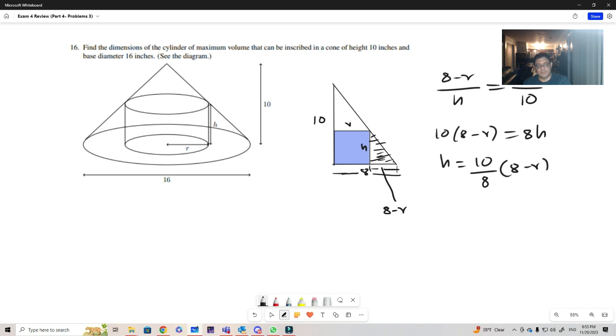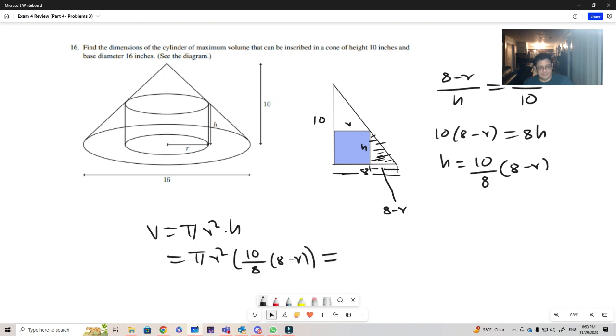Now this gives me the information of h in terms of r, which is good for putting a function in terms of a single variable. Now we're trying to maximize the volume of the cylinder. So the volume of the cylinder is pi r squared times h. So now we can see this as pi r squared times 10 over 8 times (8 minus r).